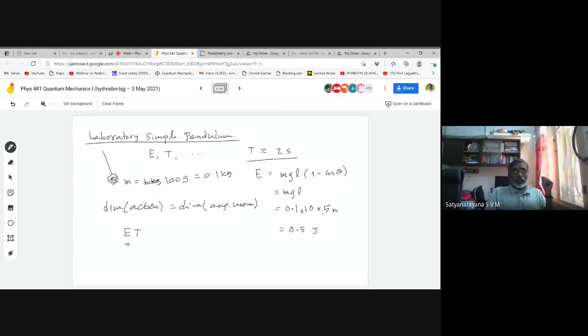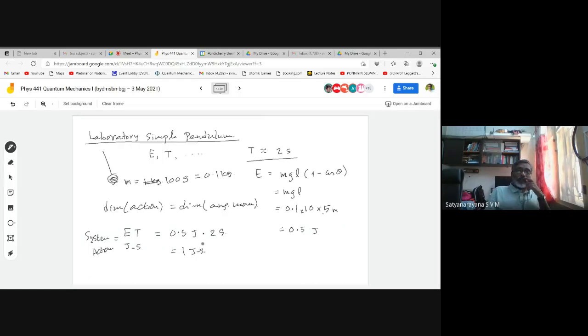This is joules and this is seconds. So joule second is basically angular momentum. So I define my system action to be equal to E times T. That is equal to 0.5 joules into 2 seconds, which is equal to 1 joule second.